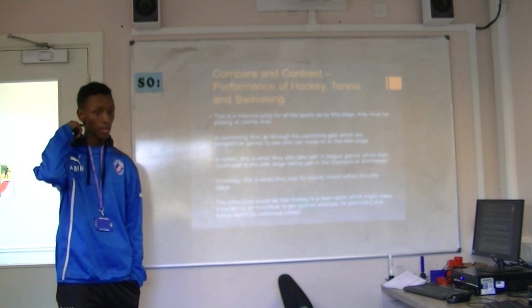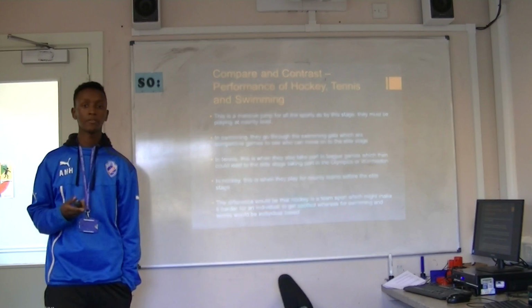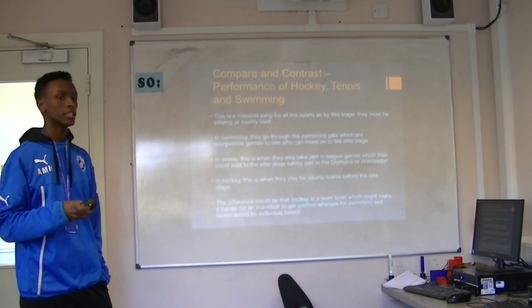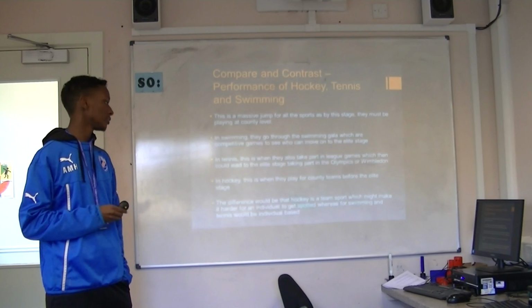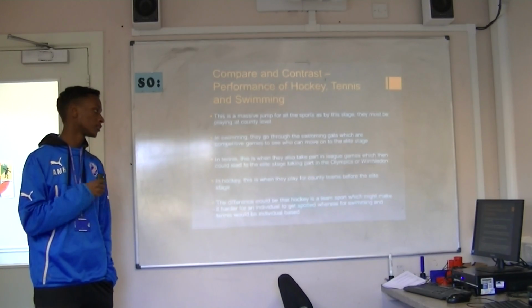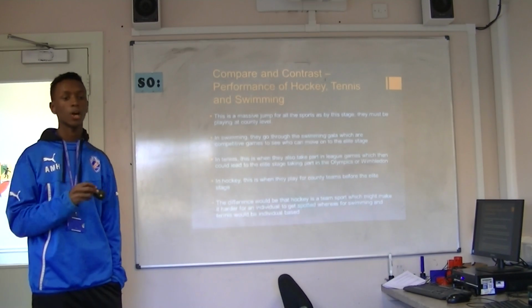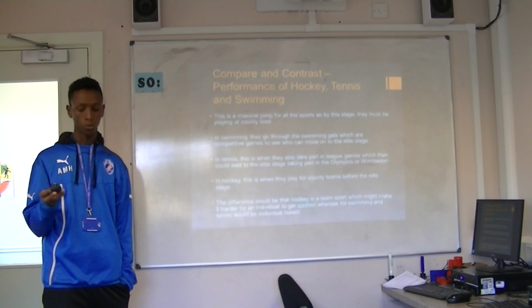And in hockey, this is when they play for county teams before the elite stage. The difference is that hockey is a team sport, which makes it harder for an individual to get spotted, rather than swimming and tennis, which are individual based, and a scout might look at you rather than a whole team.